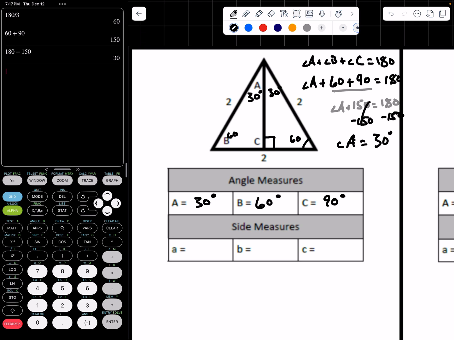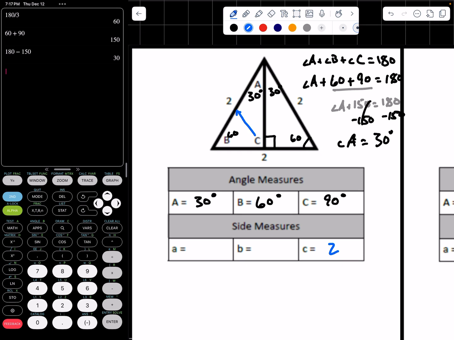Okay. So if I've got all that information, I'm then going to look at my side measures. Angle C is down here where the 90-degree angle is. That is going to be across from this 2, which makes little c, side C, 2. I'm going to go with A. I'm going to look at A now. And A is across from 30 degrees.